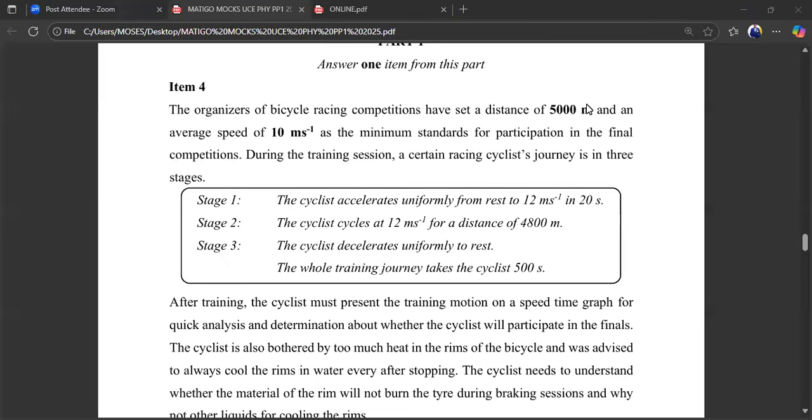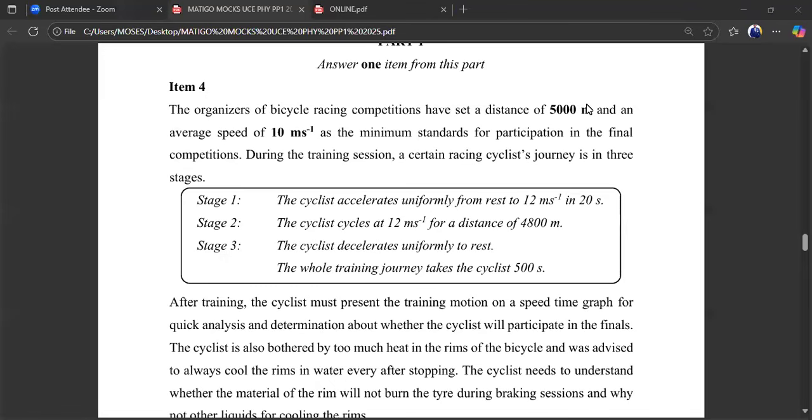Okay, so today we are going to look at item 4, that is section B. This section B comprises heat and mechanics. Under heat, we have a number of topics: heat quantities and vapors, heat transfer, temperature measurement.